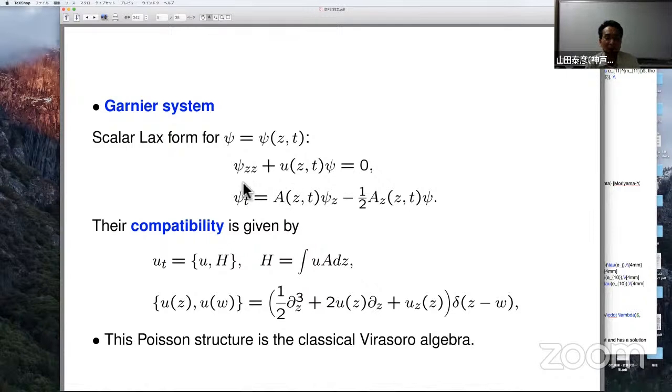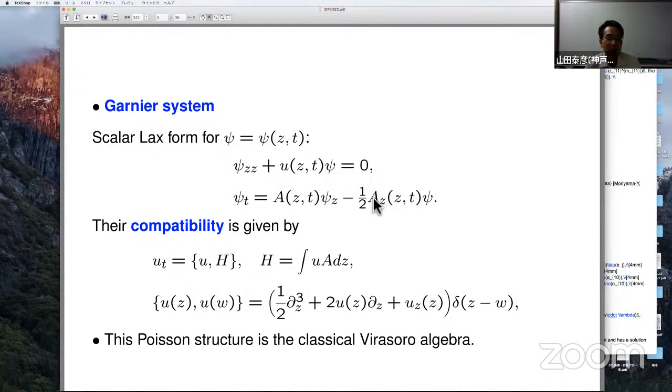So consider the Fuchsian equation of the second order, and this is the deformation equation.